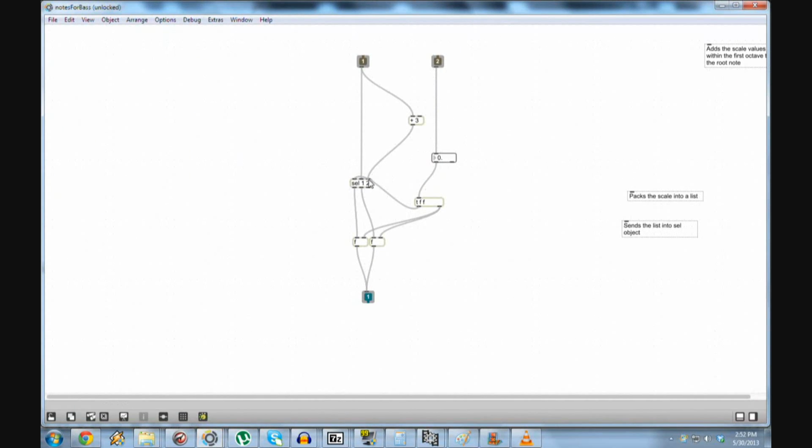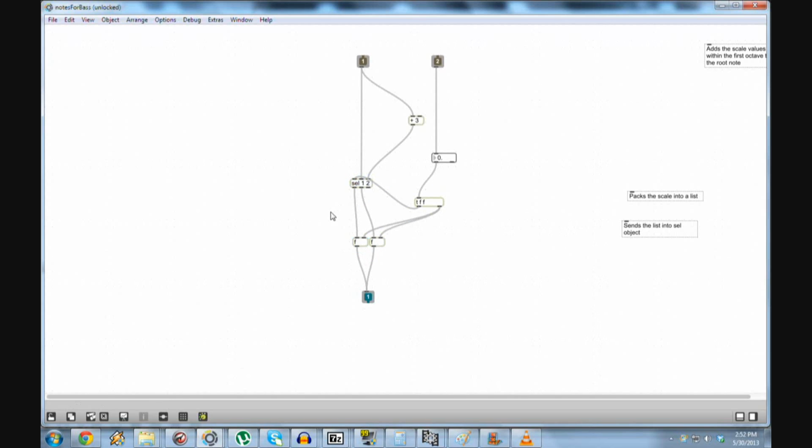And what happens here is, first you take the note and you store it. You use this trigger float to trigger this and this together.